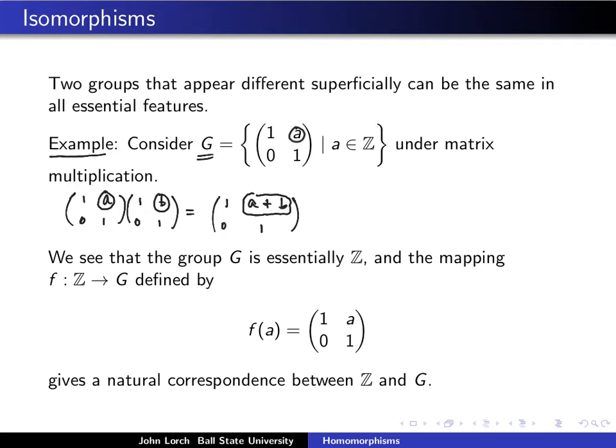So this group G, it seems to us, is essentially just the integers under addition. And in fact, if we wanted to make some sort of formal correspondence between these two groups, we could define a function that assigns an integer a to the corresponding 2 by 2 matrix in G that has a as the upper right entry.